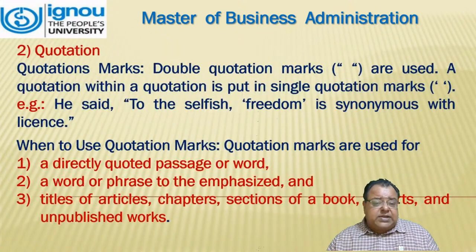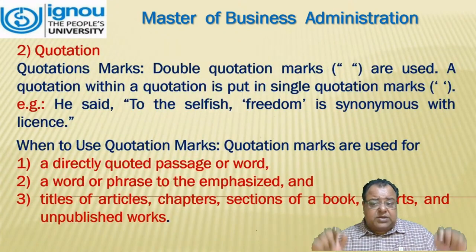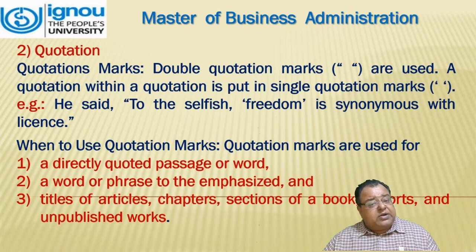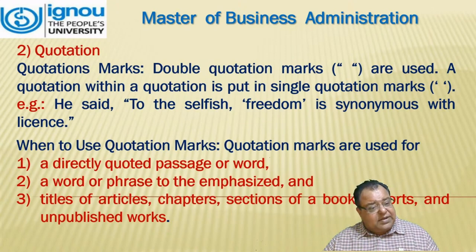Quotations. Double inverted commas are used as quotation marks. A quotation within a quotation is marked with single quotation marks. For example, he said, "To the selfish, freedom is synonymous with license." When to use quotation marks?